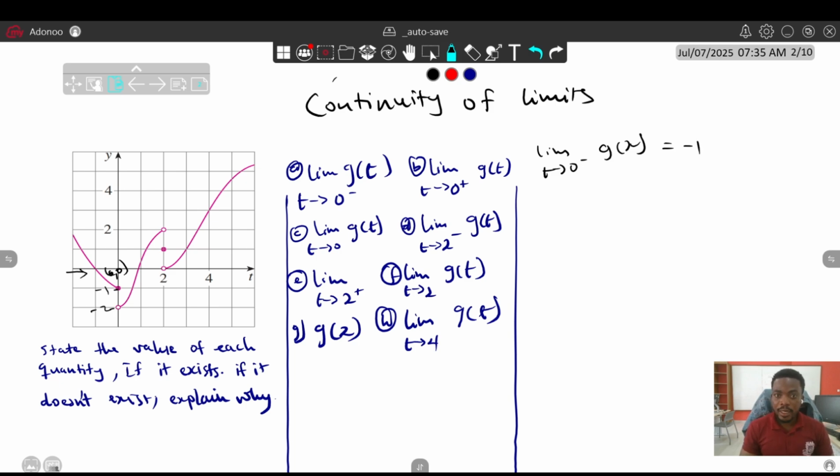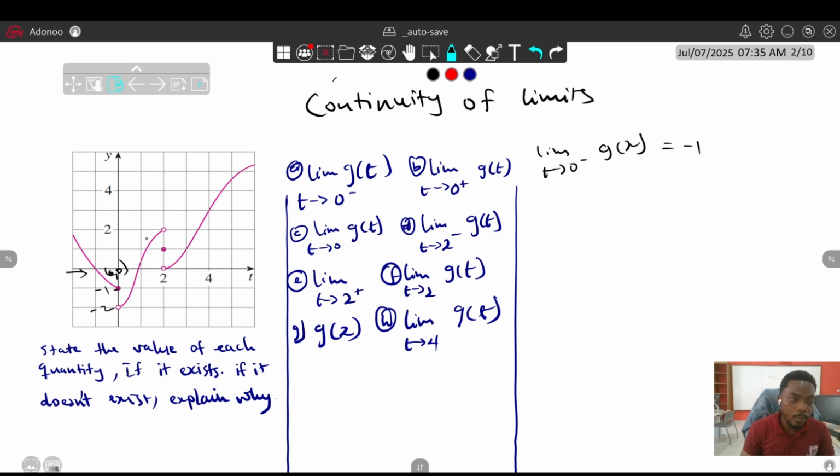Right? Okay, so let's look at the limit of g of t as t approaches 0 from the right. Okay, so from the right, again we have our point 0 here. So the curve on the immediate right of the point 0 is this curve, right?